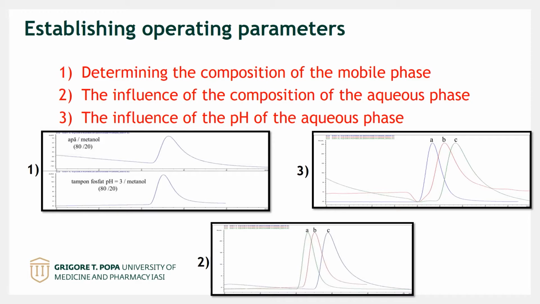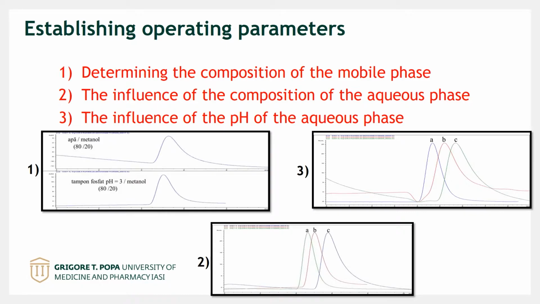For these reasons, we replaced the water in the composition of the mobile phase with a phosphate buffer, 0.02 molar concentration, adjusted to pH equals 3 with phosphoric acid. It is observed that the distortion of the baseline disappears. The retention time at the top of the peak decreases as well as the width of the chromatographic peak.